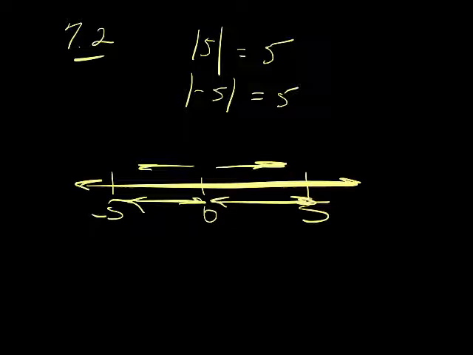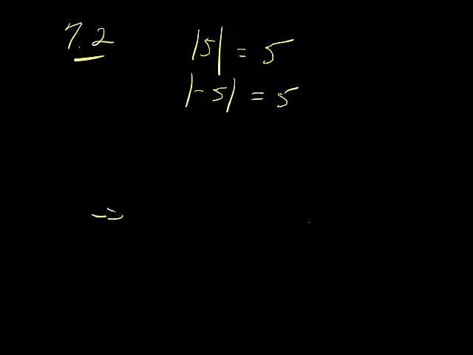Okay? And it does get a little bit confusing, and hopefully we can get rid of some of that confusion as we go along here. So if you look at the first example on the bottom of page 404, we've got the absolute value of 2a minus 1 equals 7.